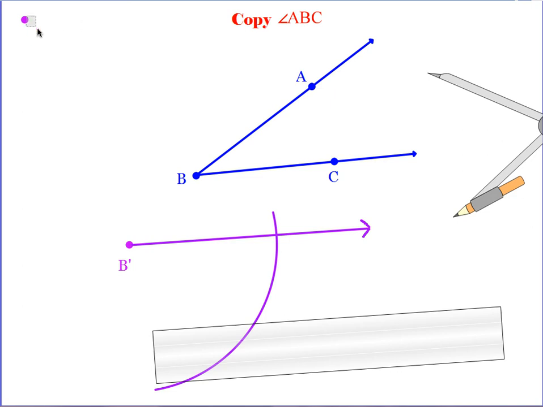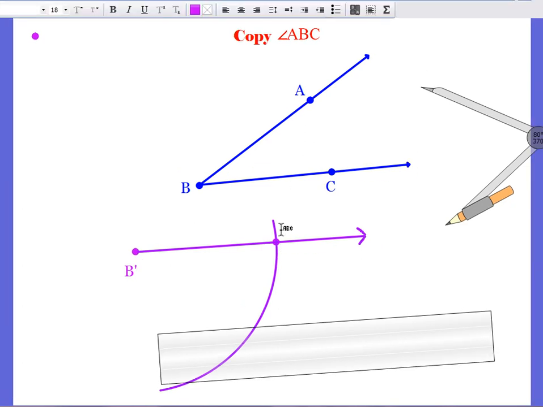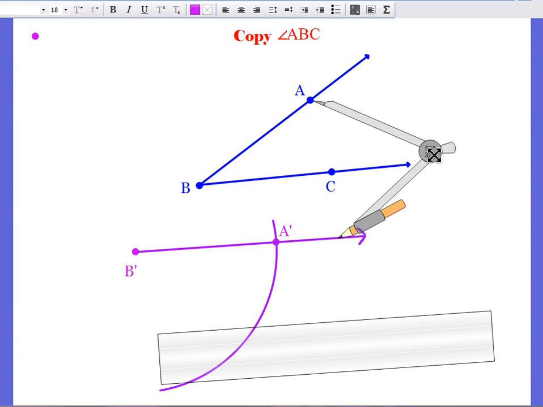Where the arc and the ray meet, we're going to put a point there, and that's going to be a replica of point A, since the distance from B to A is the same as the distance from B prime to our new point. Since that's a replica of point A, we're going to call it point A prime. Now we're going to use our compass again.